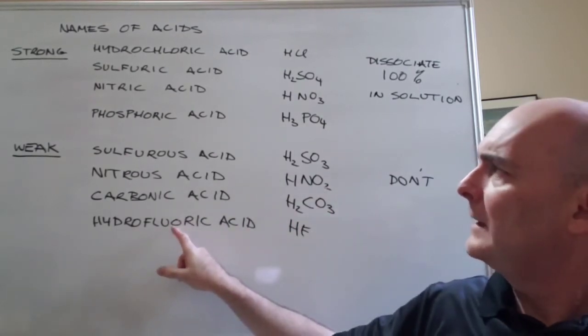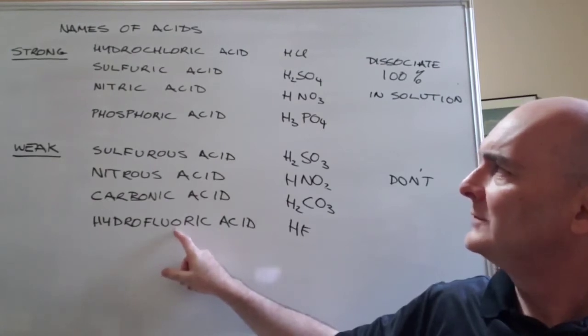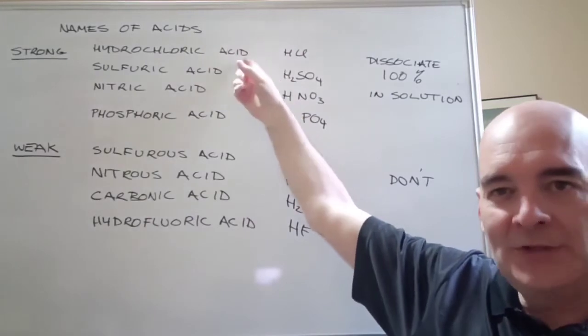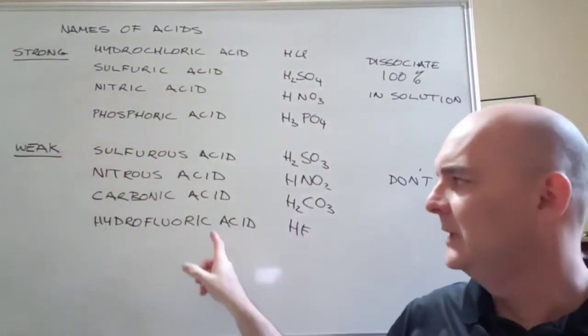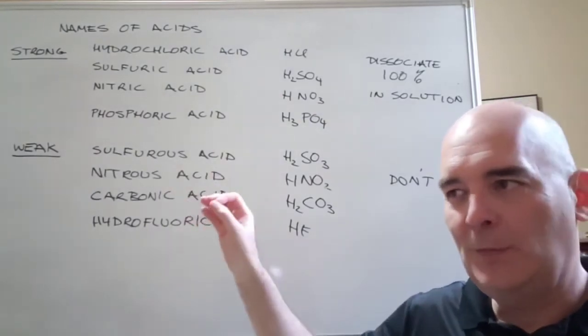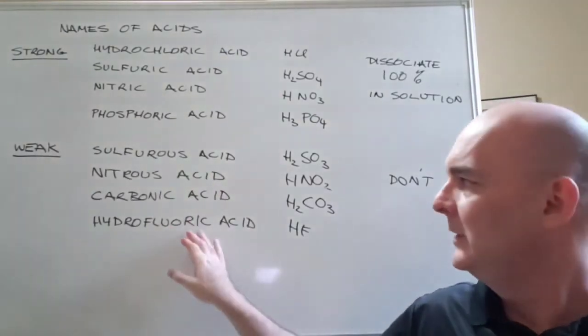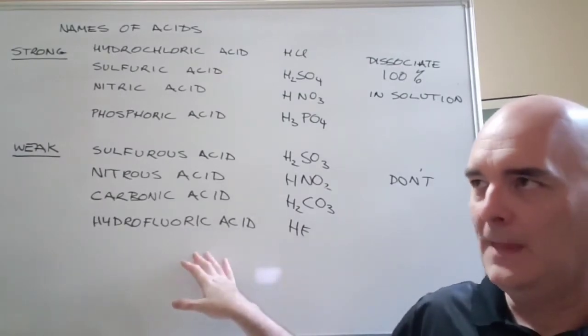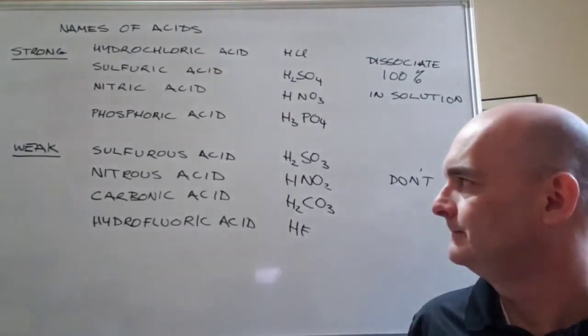And the one that's different, because hydrochloric acid and hydrobromic acid and hydroiodic acid are all very strong acids, but hydrofluoric acid, because fluorine is top of the group and very small and very electronegative, is not a good acid. It doesn't want to let go of the hydrogen.